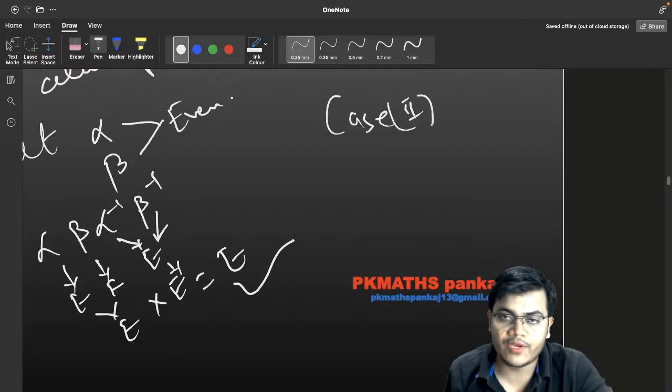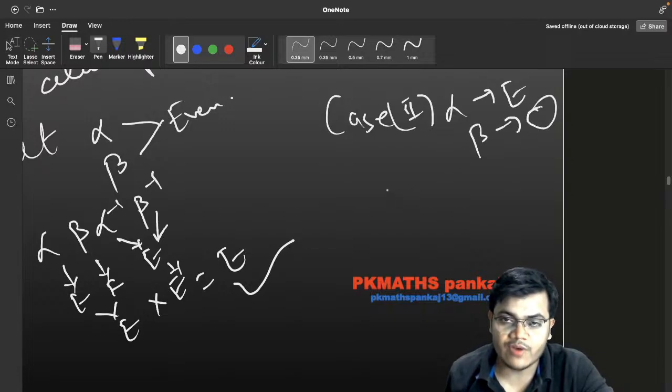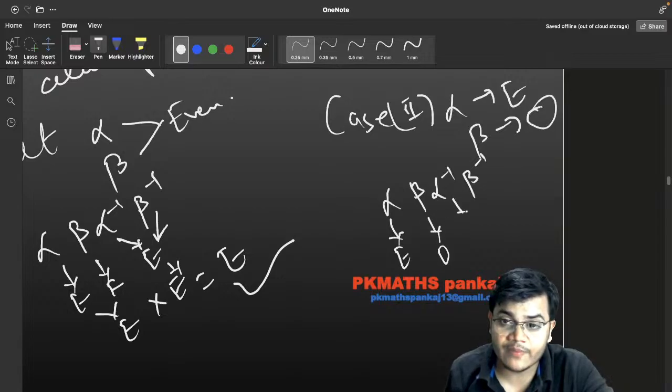Case 2: if we are taking alpha even, beta odd, then what is going to happen in this case? Alpha beta alpha inverse beta inverse. So alpha is even and beta is odd. Alpha inverse will also be even because alpha is even, and beta inverse will also be odd.